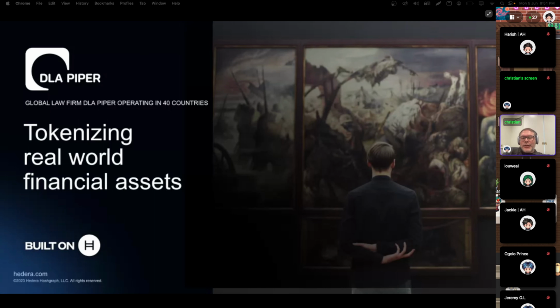And what they enable you to do is combine their legal expertise with their tokenization expertise. So you can take a building or a classic car or a fine work of art and create fractionalized interests in that real world asset, and then create tokens against those fractionalized interests and enable people to be able to transact very easily with them.